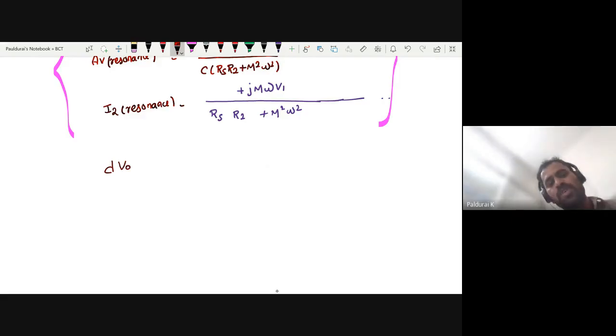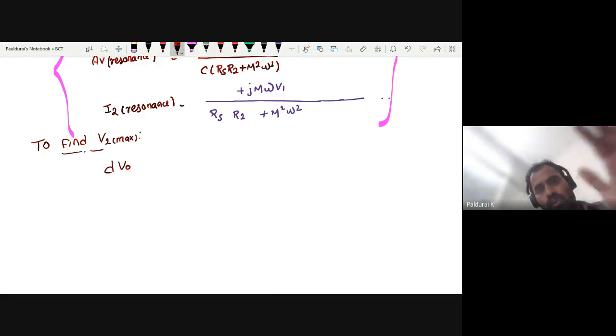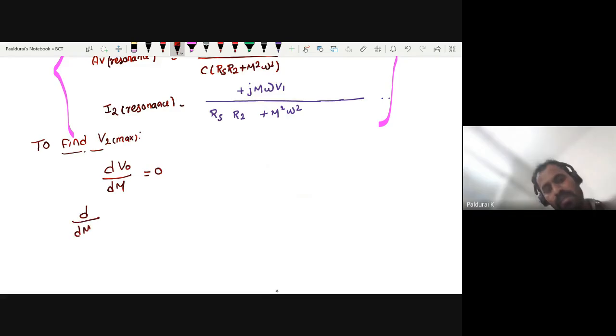I want to get the maximum output voltage, to find V2 maximum. Maximum means at the maxima the slope becomes 0. So with respect to the mutual inductance, it becomes 0. So d by dm of what is your V out?